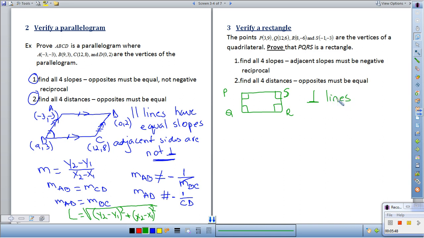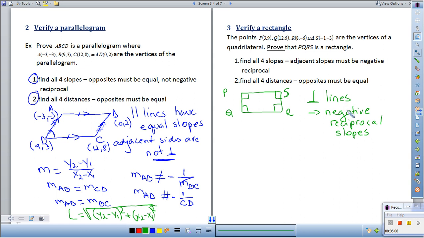And what is the property of perpendicular lines or perpendicular sides? Negative reciprocal slopes.